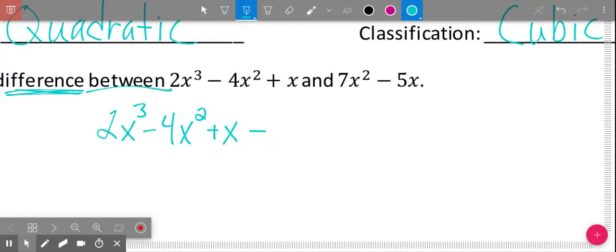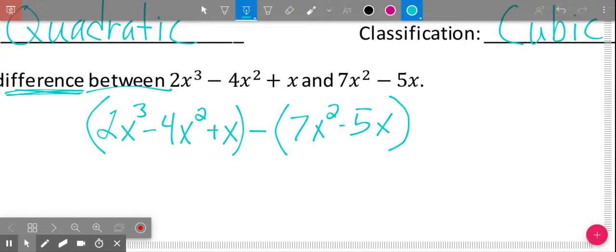Okay, and then minus, and you have to put these in parentheses, guys, minus 7x squared minus 5x. This has to be in parentheses because we're going to have to distribute our negative to everything on the inside. So you have to use parentheses. If you don't use parentheses, you're probably not going to get the problem right. Okay, if I'm just going to be really honest, you have to use your parentheses.